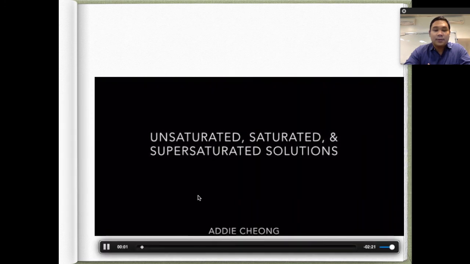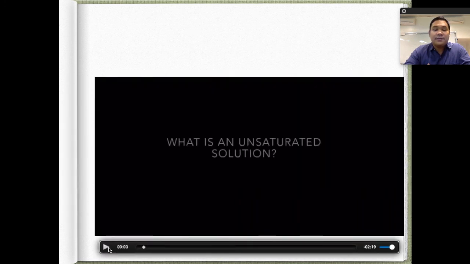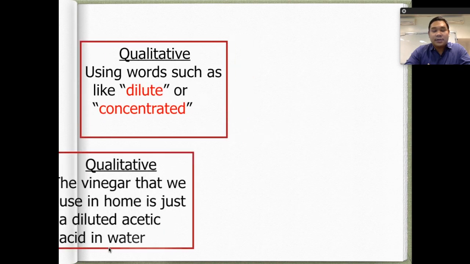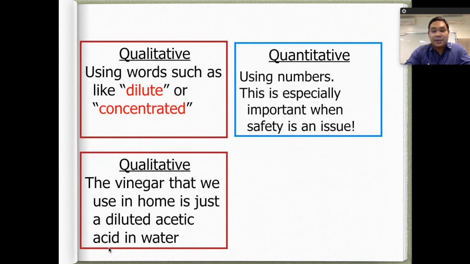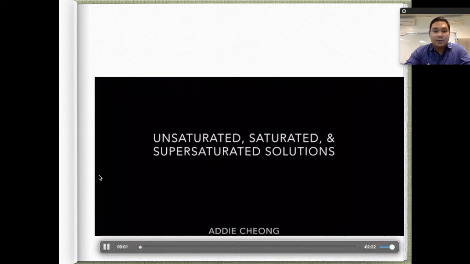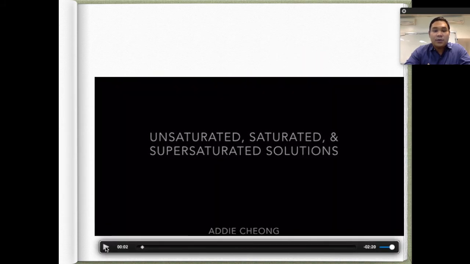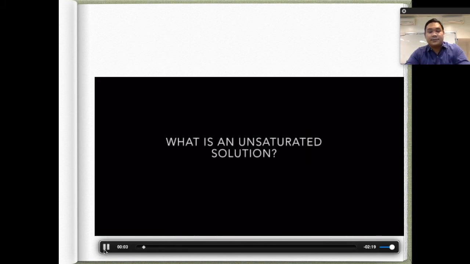This time, let's try to define the terms unsaturated solution and saturated solution. What do we mean by unsaturated, saturated, and supersaturated?